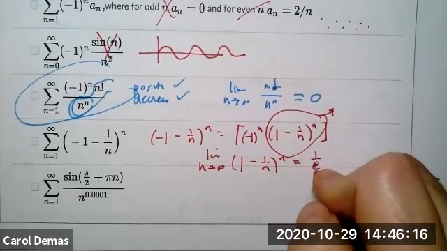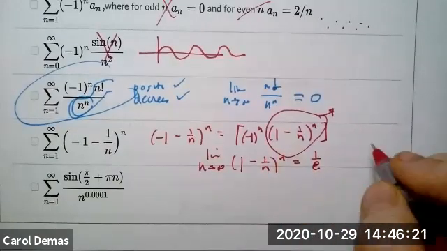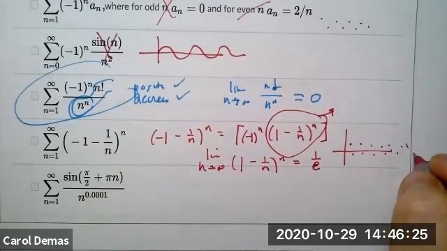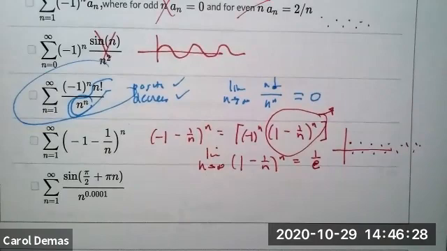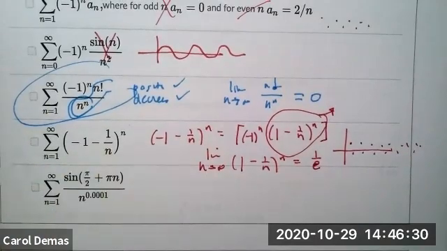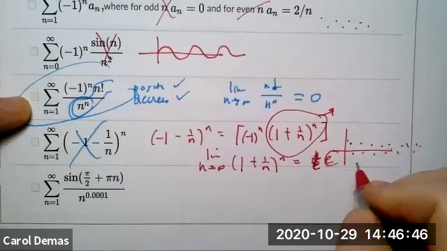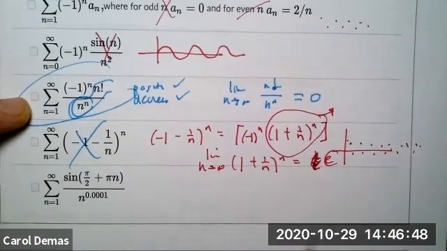So we're bouncing back and forth between 1 over e and -1 over e. So that's not decreasing. Wouldn't pulling the -1 out make it 1 plus 1 over n? Oh, yes, you're correct, actually. I'm sorry about that. It's still bouncing back and forth. Thank you for correcting me.